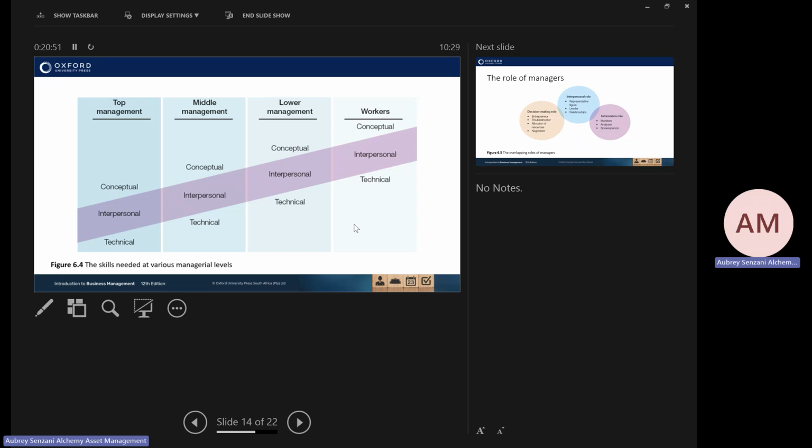Now, let's unpack. Why do we need less conceptual skills as a worker than we need in top management? Oh, don't we need more conceptual skills as the worker? So you're saying you disagree with that? It's like the top management. Top management, you can see there's more taken up by conceptual, isn't it?